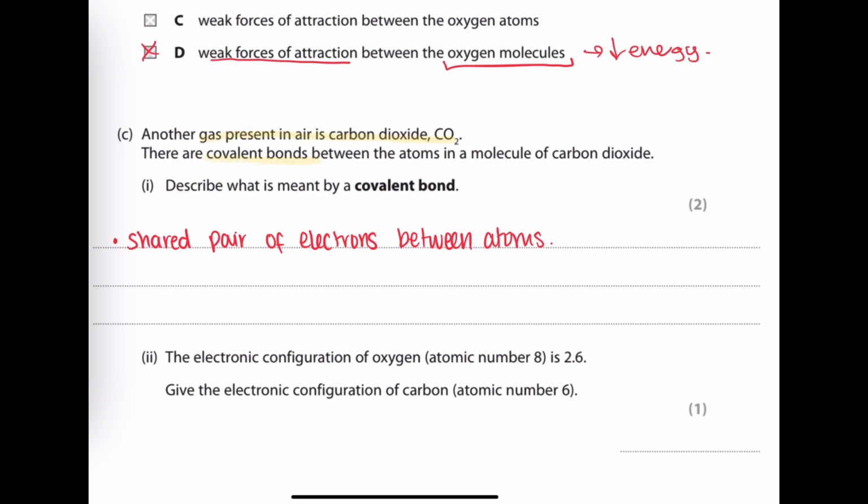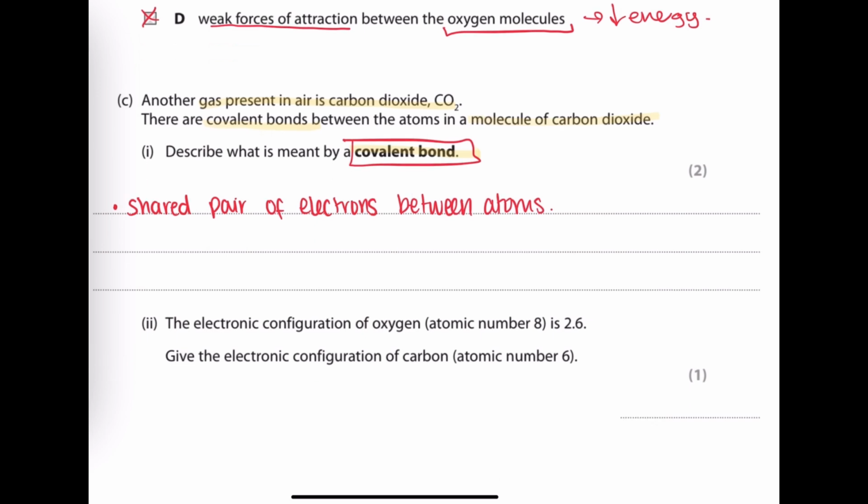There are covalent bonds between the atoms in the molecule of carbon dioxide. Describe what is meant by a covalent bond. This is a key term definition. I do really recommend that you learn it, as well as all the other key term definitions. There is a shared pair of electrons between atoms. So you get 1 mark for shared pair, and this is of electrons between atoms.